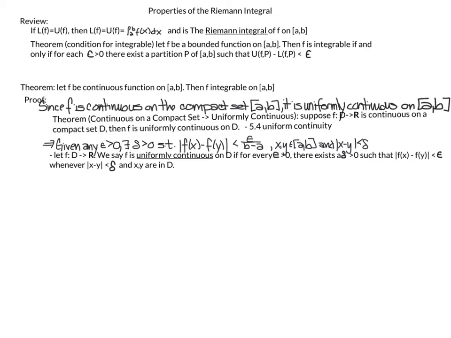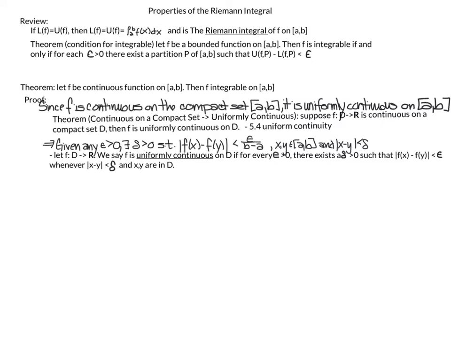And we're going to use the fact then that f is uniformly continuous, and we're going to apply this definition of uniform continuity. The definition says that if your x and y can get to be very small, less than delta, then that means your f of x minus f of y can be made arbitrarily small, less than epsilon, when epsilon is greater than 0.